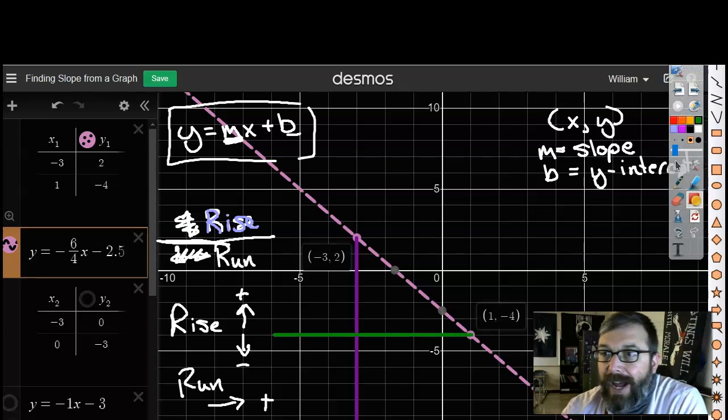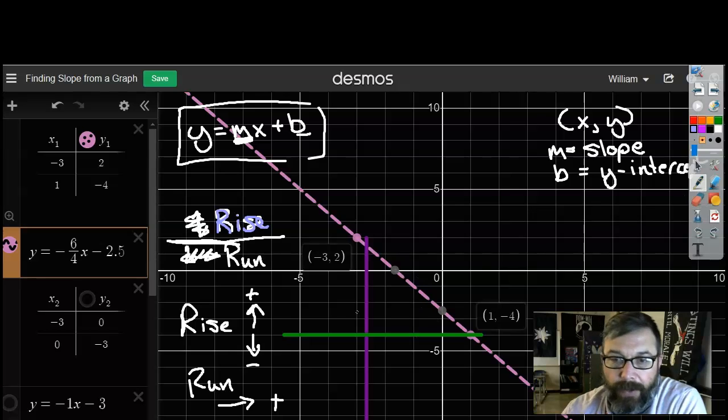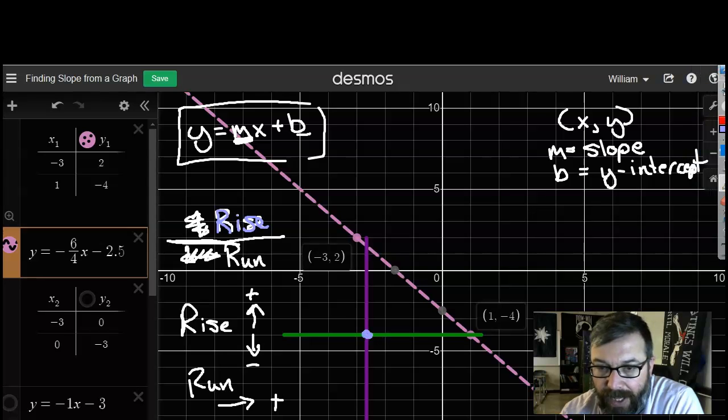So now I have the vertical distance traveled and the horizontal distance traveled, and they meet right here. What I need to know is the distance this is going right here. So 1, 2, 3, 4, 5, 6.